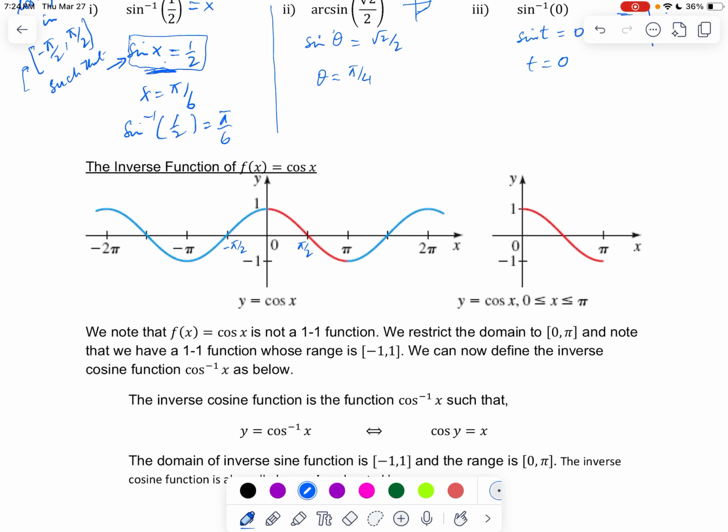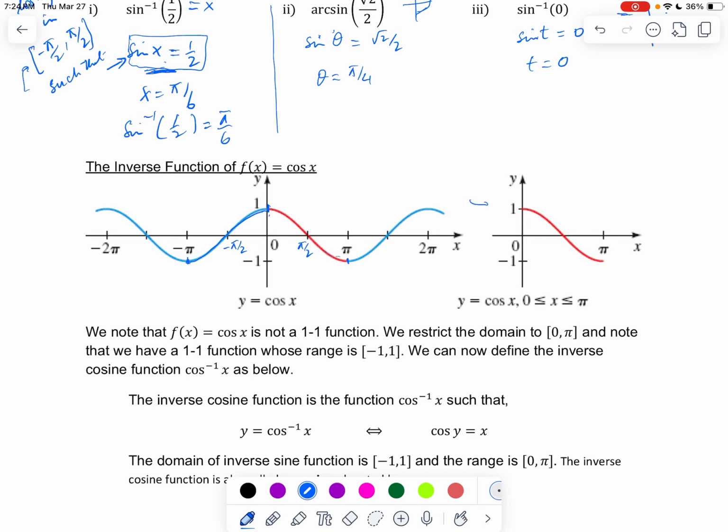So what should we do? Should we take it from negative pi to 0? Yes, we could do that. But when we can do a positive one from 0 to pi, why pick the negative one? So easy is the 0 to pi. We pick this piece, 0 to pi.